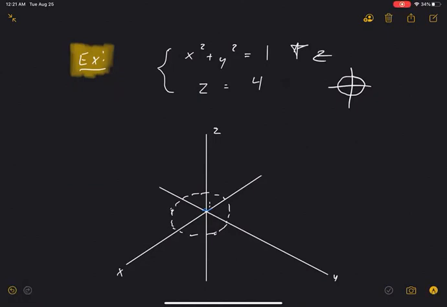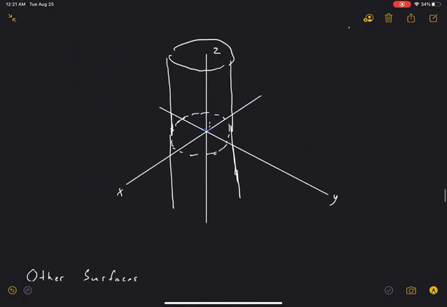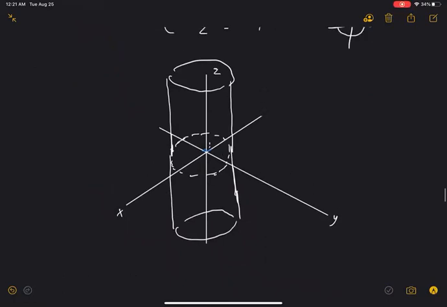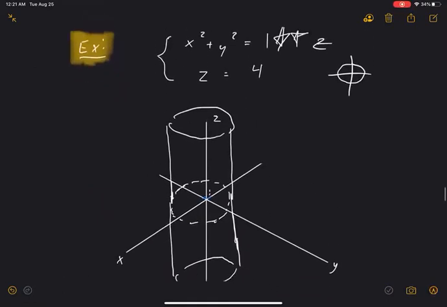So I'm on this circle, my z coordinate could be anything. It could be up here, it could be down here, and so on. So really, if I just had this equation, my object would be a cylinder that goes up forever and down forever. So it's a cylinder of radius 1.